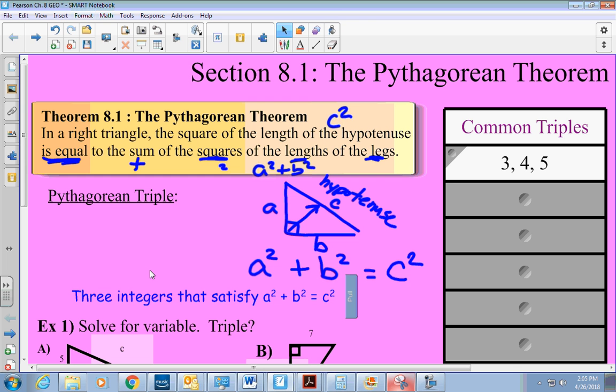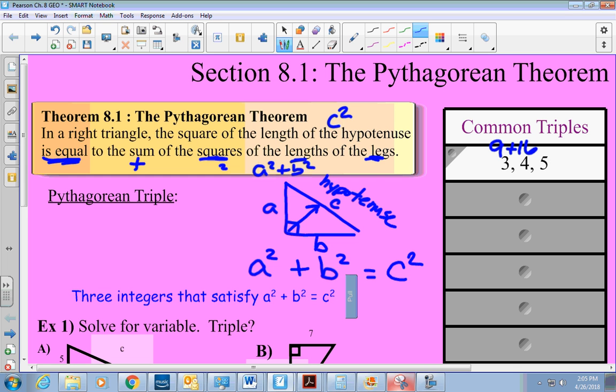Classic 3, 4, 5. And just so you can see, Piper, what's 3 squared? What's 3 times 3? 3 times 3 is 9. And Jenna, what's 4 squared? 16.